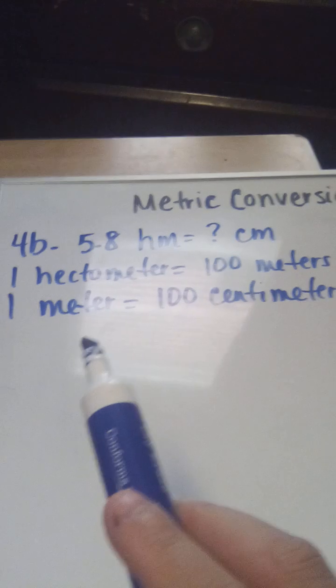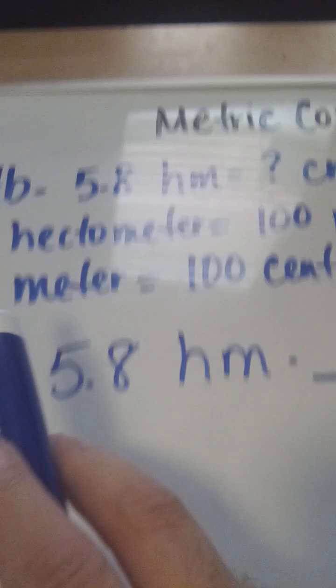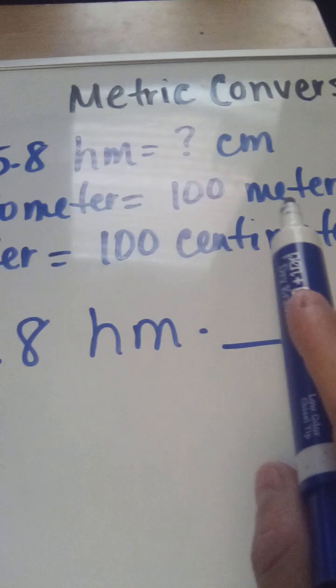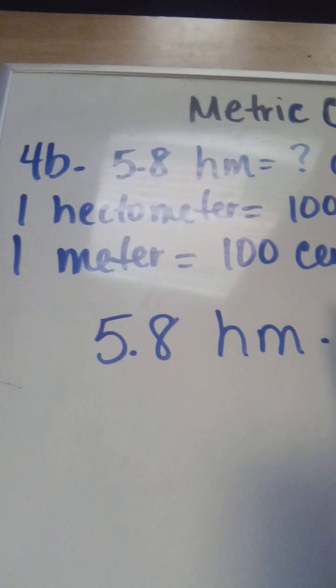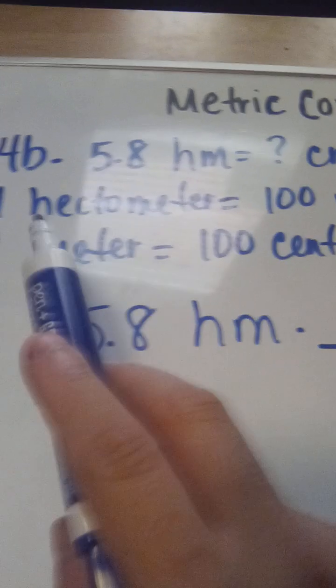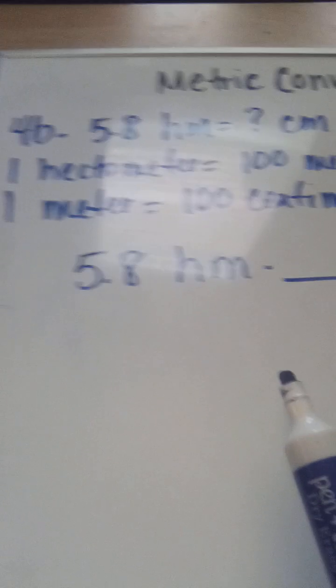Okay, I'll move down a little bit. 5.8 hectometers. Multiply. Is it 1 hectometer over 100 meters or 100 meters over 1 hectometer? It's similar to the last problem.